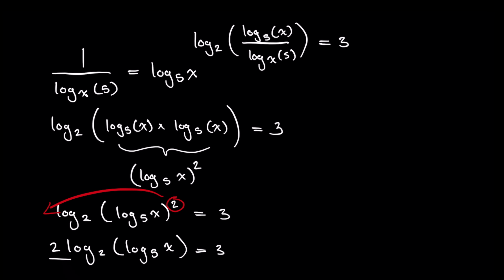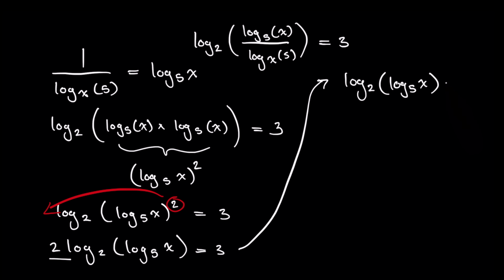And when we move this 2 to the other side, we're going to be left with, let's go all the way up here. So we're going to be left with log base 2 of log base 5 of x is equal to 3 over 2. So we're very close to getting this entire thing to simplify down into one logarithm.